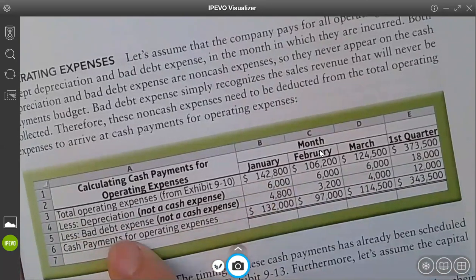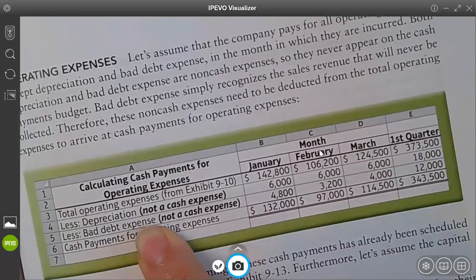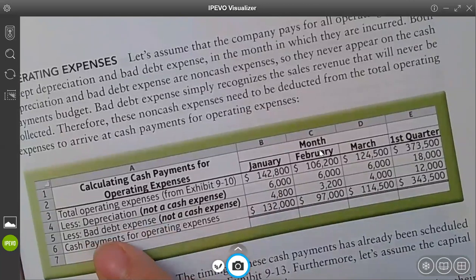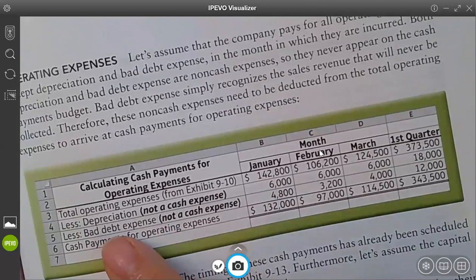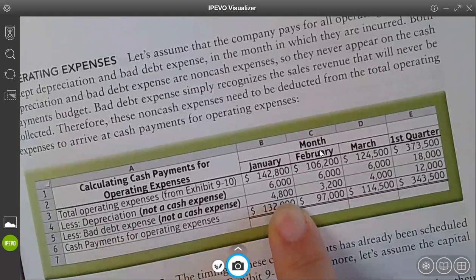And then you also have bad debt expense. This is an expense, but it's not cash. So when you do your cash budget, you have to deduct it from your expense. You have to subtract the 4,800. So your cash payment is only 132,000.